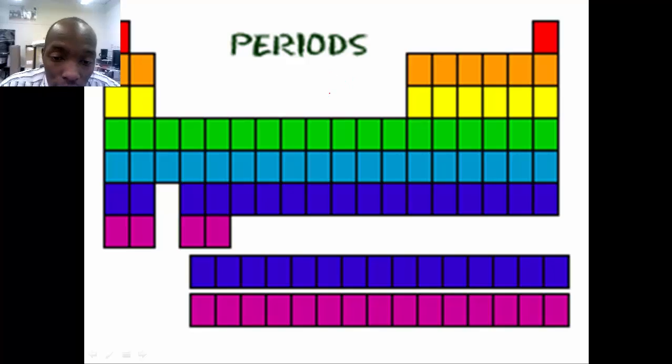Then it's also organized by periods. This is period 1, this is period 2, period 3, period 4, 5, 6, and 7. Remember that this is part of 6 and this is part of 7, and we write the numbers on the side.